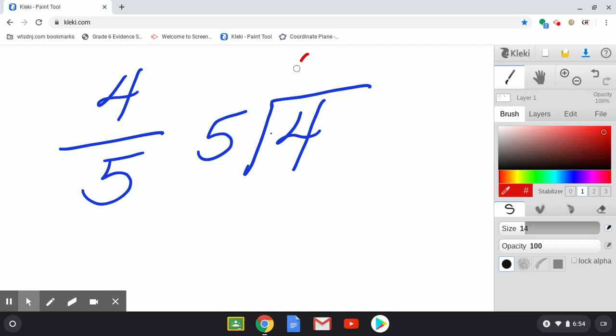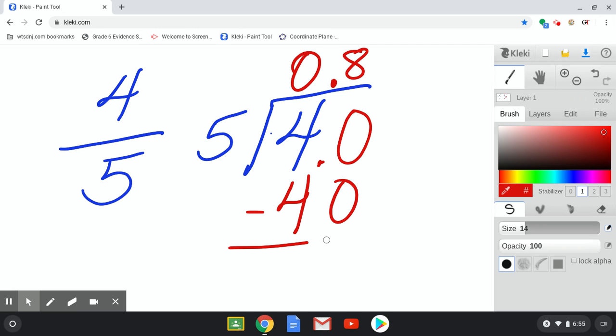It goes in 0 times. I need to add a decimal and a 0. Remember, in class, I always tell you, bring up your decimal right away into your quotient, because if you don't do it right away, typically you're going to forget to put it in your answer. So now I'm looking at 5 going into 40. Well, 5 goes into 40 exactly 8 times. 8 times 5 is 40. So 4/5 is equivalent to 0.8.